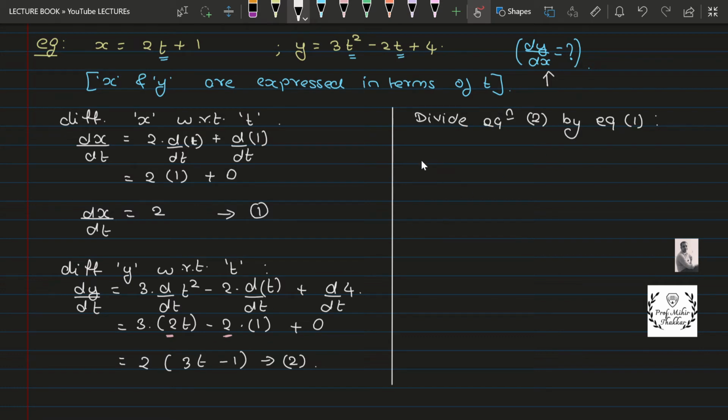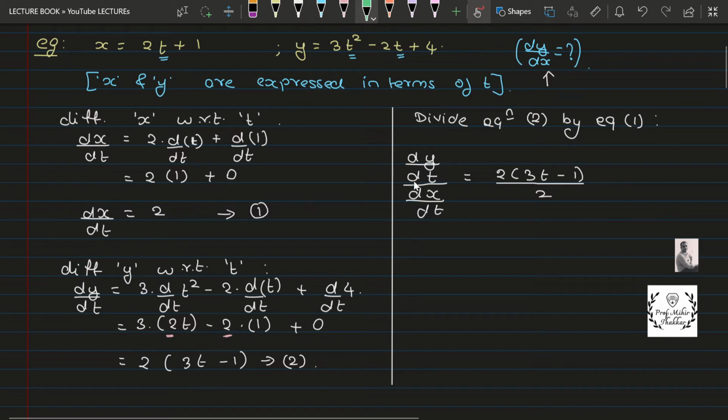So I get dy by dt in the numerator divided by dx by dt, which is equal to 2 into 3t minus 1 divided by 2.